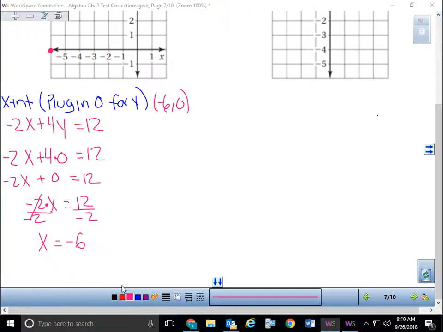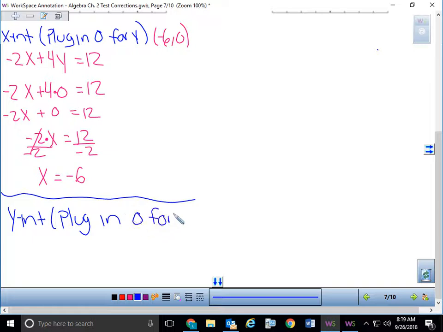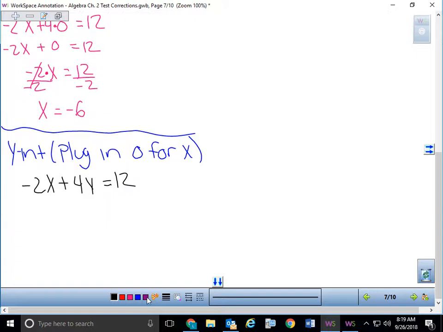Now the y-intercept, I'm going to scroll down here. The y-intercept is plugging in 0 for x. I'm going to do that. Again, I'm just going to rewrite the problem. Negative 2x plus 4y equals 12. Plugging in 0 for your x, I have negative 2 times 0 plus 4y equals 12.